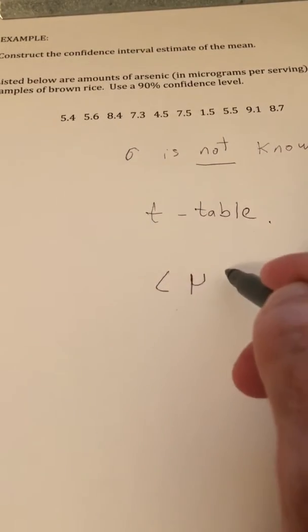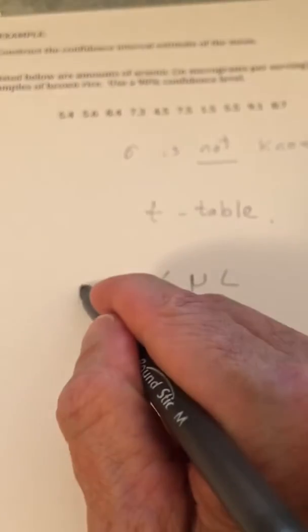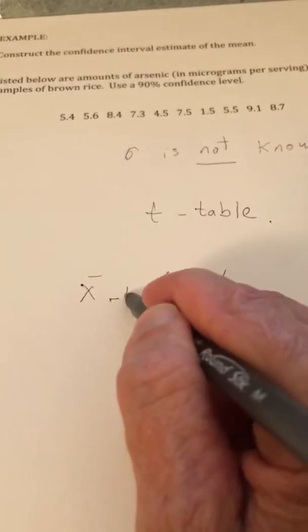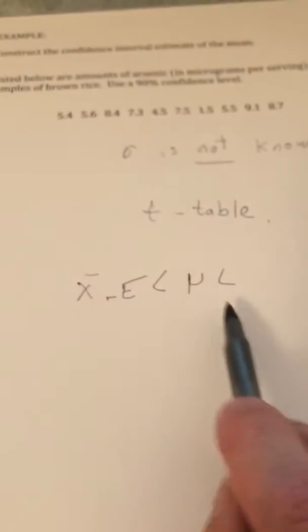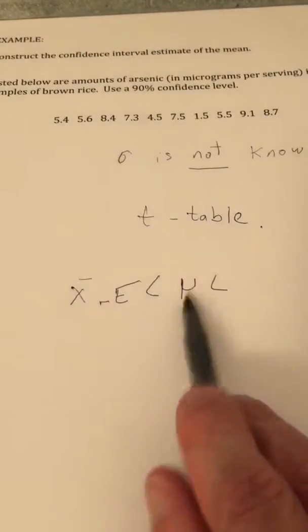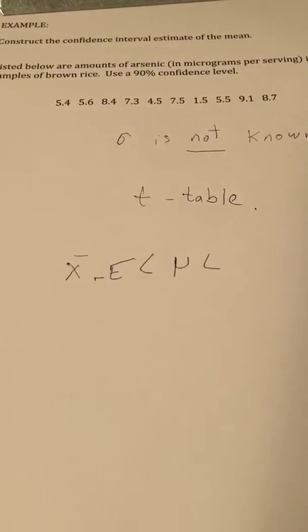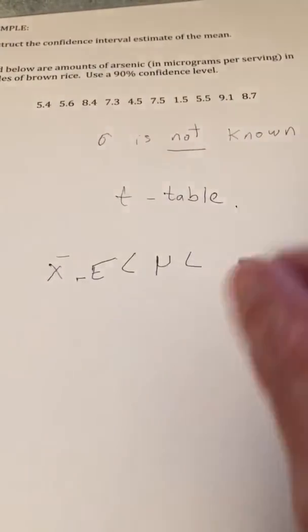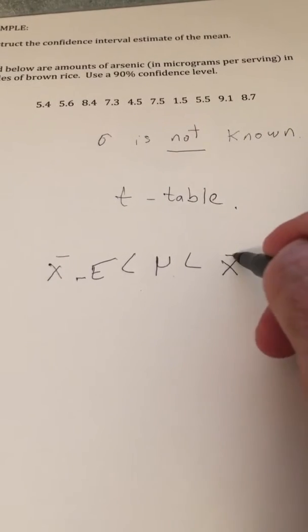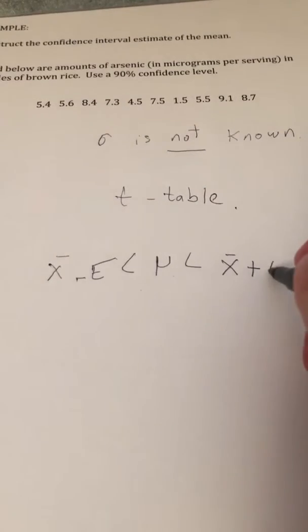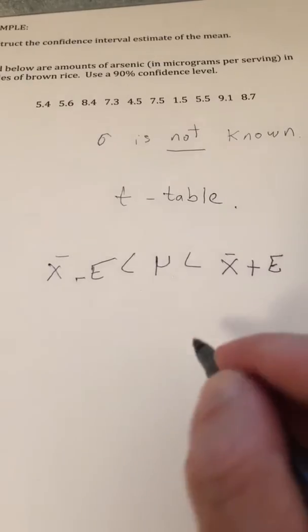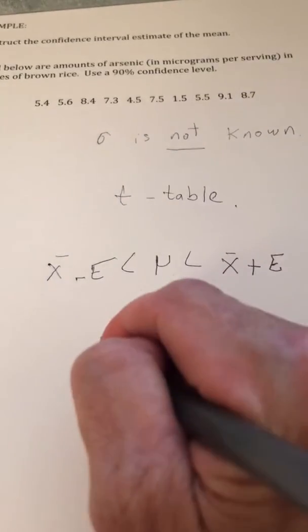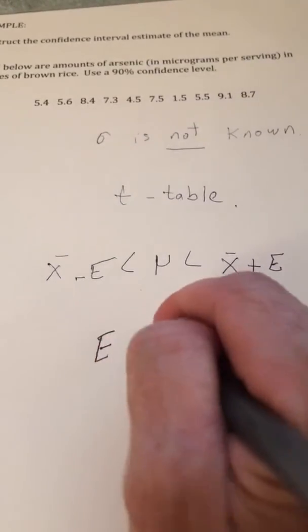So what that's going to look like is this. Our interval is going to be centered about what we're trying to estimate, which is the population mean, mu, x bar plus or minus E, where in this case, E, remember what E is?